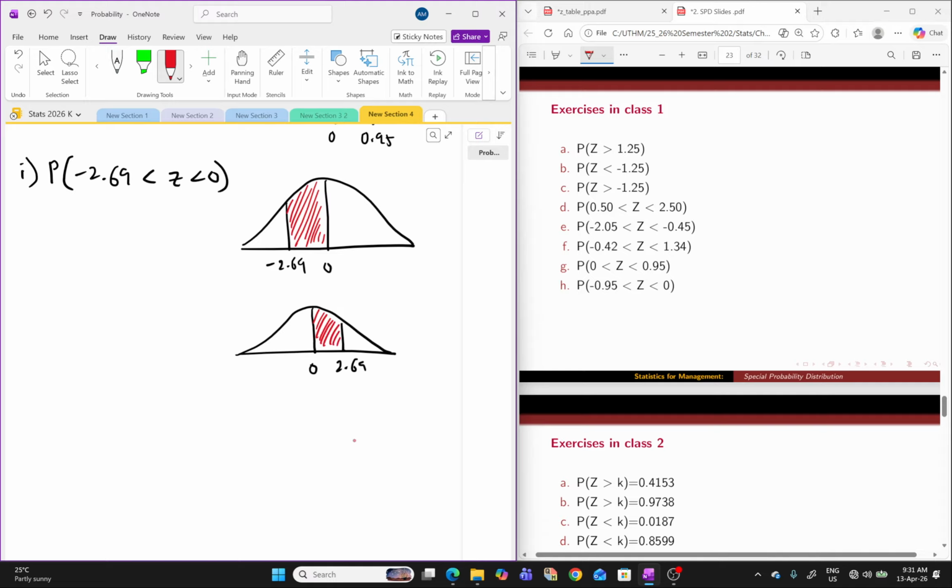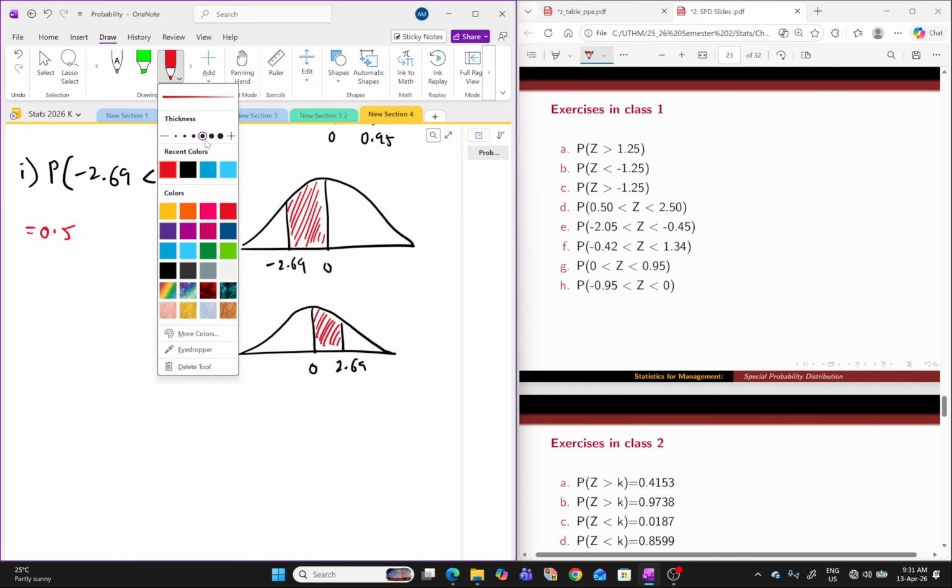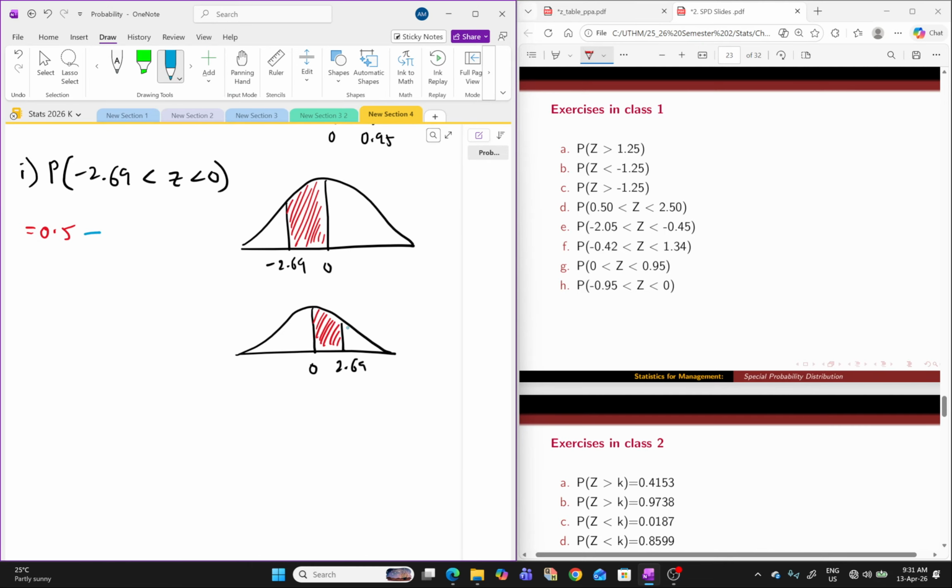You need this one, 0.5 minus this part. How much is this part? Do you get 0.00357? Good.